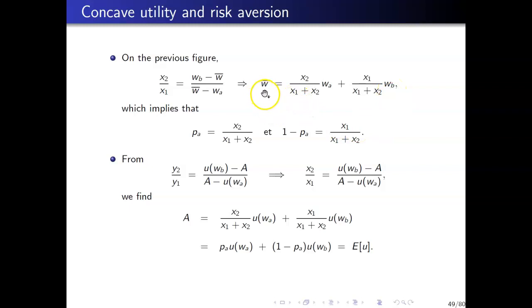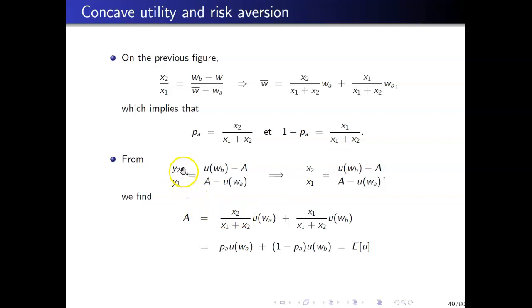But we know that W bar is the expected wealth. So the expected wealth is PA times WA plus PB times WB. There's no other way, okay, to obtain W bar with a linear function using A and B. So this means that x2 over x1 plus x2 is PA, and x1 over x1 plus x2 is 1 minus PA.